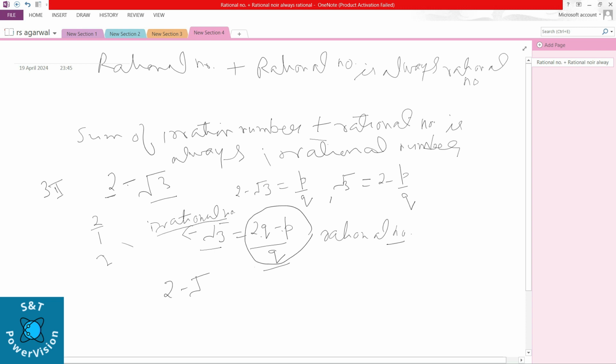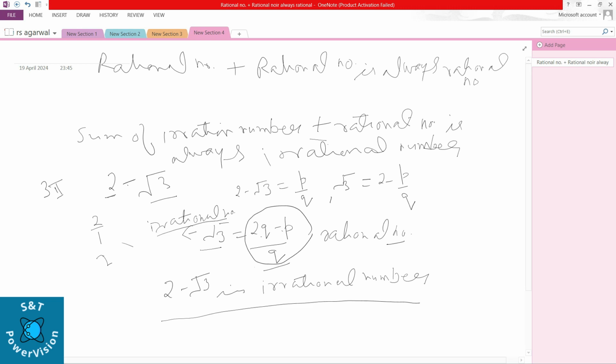One side it is saying irrational number, another side rational number. So both cannot be true at the same point of time. It means 2 minus root 3 is an irrational number. Okay, so this is the proof.